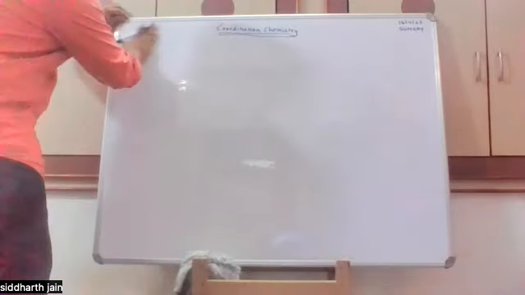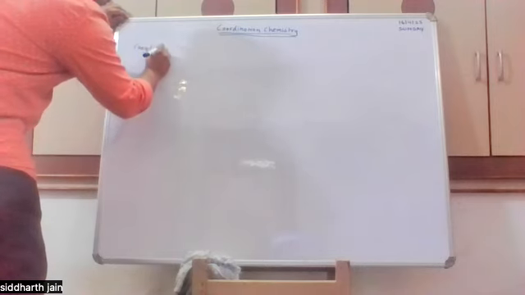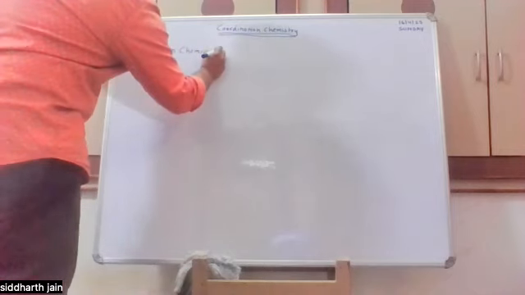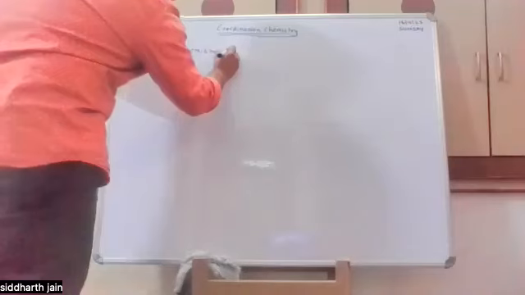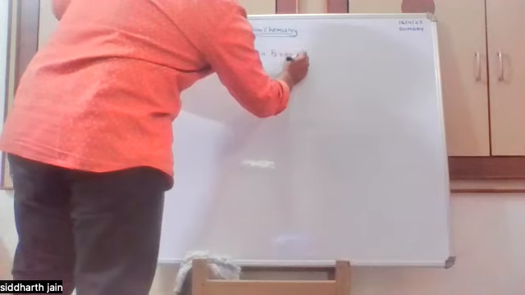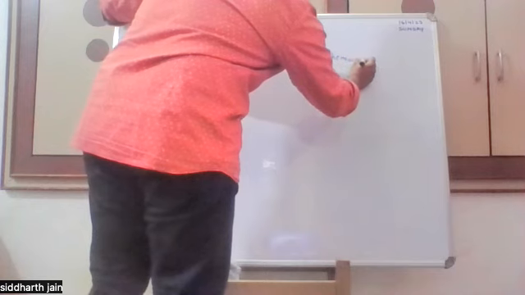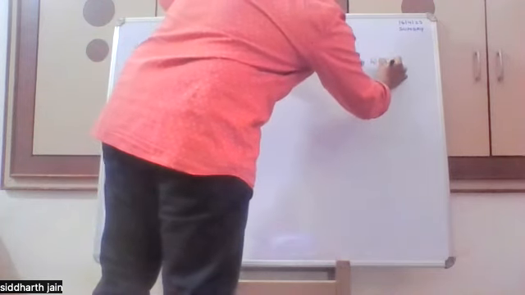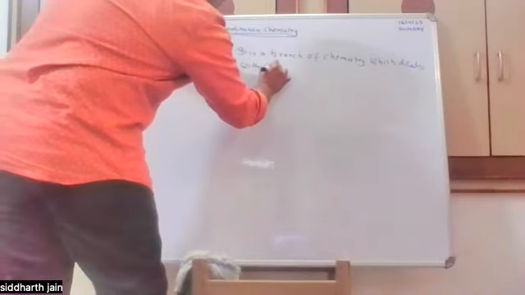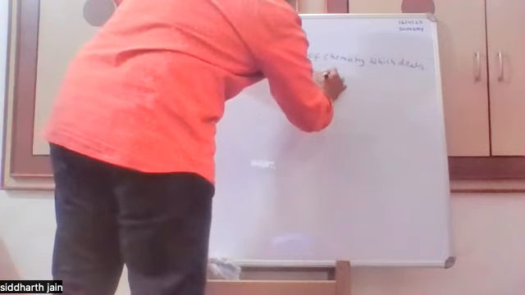The definition tells that it is a branch of chemistry which deals with the formation of coordinate compounds.